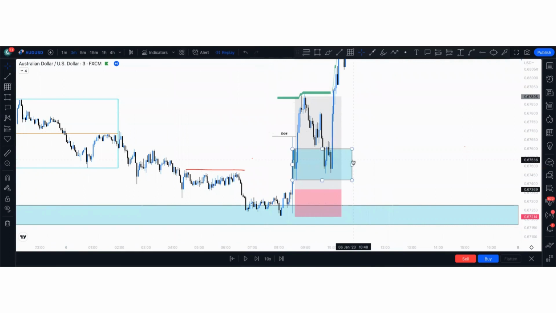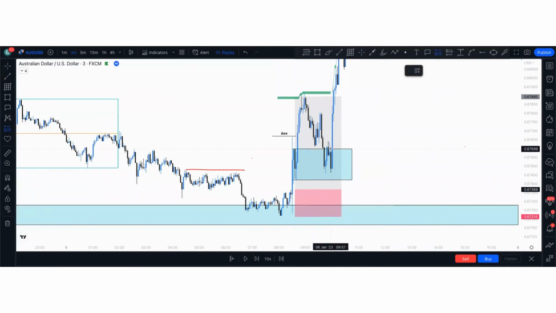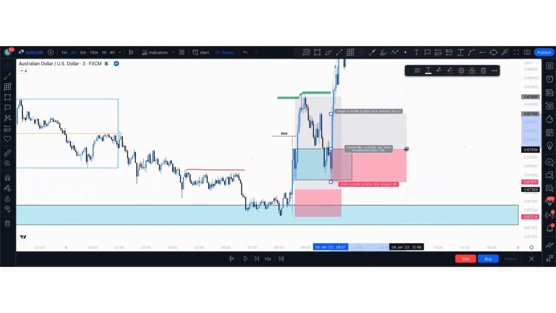So in 3 minutes, you can see a demand zones again if it's going to the upside. So you can place another buy here, and then this is your stop loss.